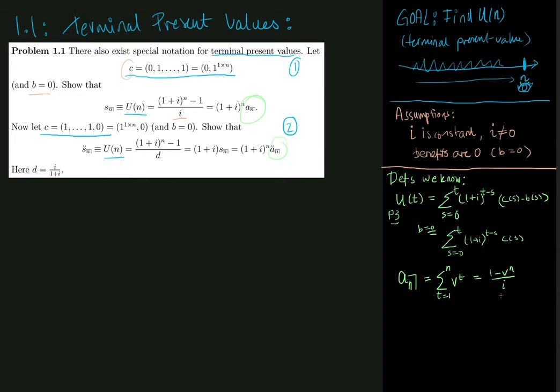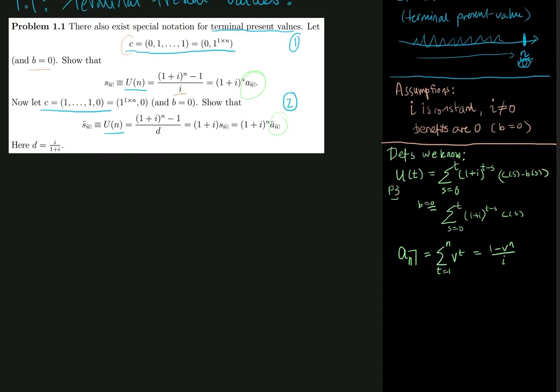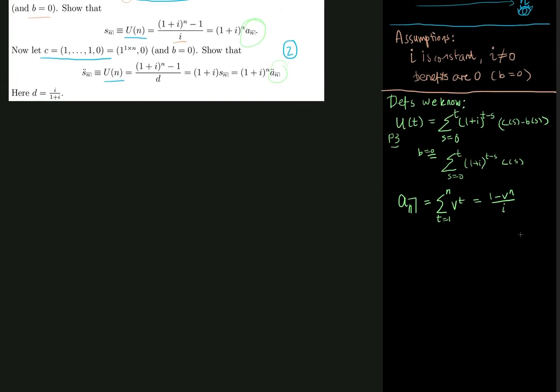And to those of you who have forgotten, what's v? v is called the discount factor, and it's equal to 1 over 1 plus i. It's the thing you multiply by when you want to find the time value of some money that's going to be paid in the future, when you want to find the value of that now or earlier.